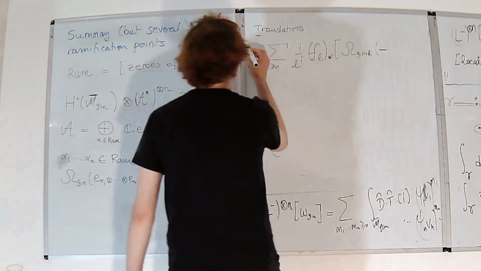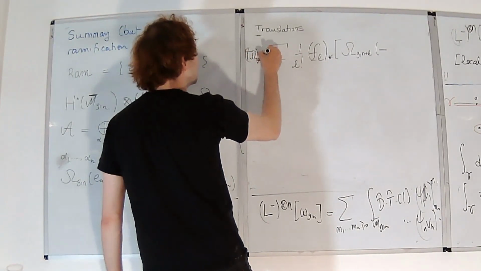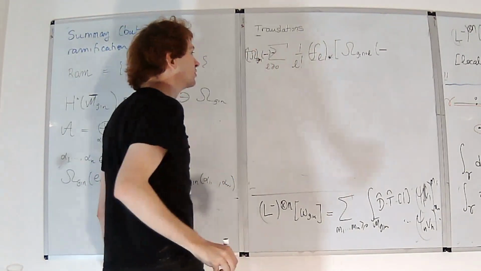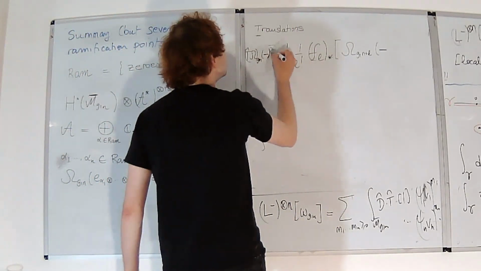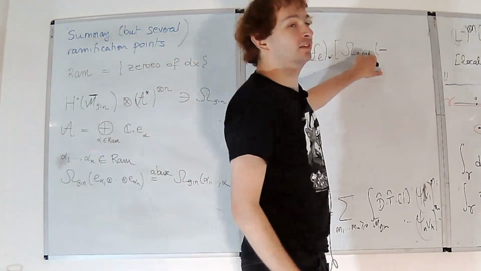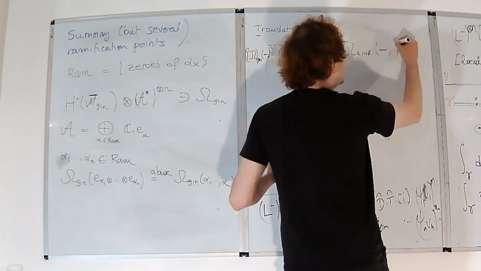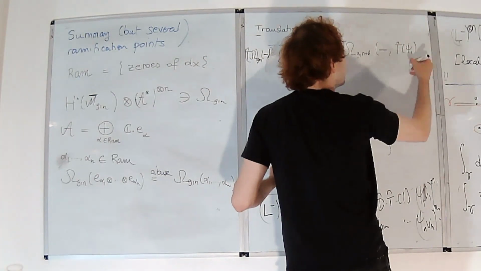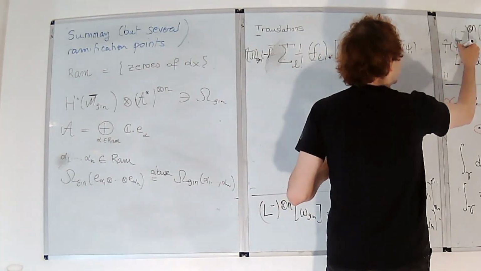So t hat omega_{g,n}, you need to insert n vectors. So they are here, but then you have L. So before, what I was plotting was t hat of psi 1, etc., t hat of psi n.